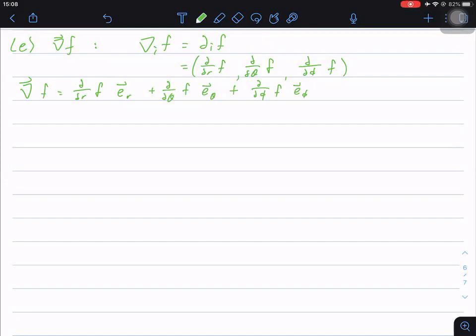It seems like we are missing something in these expressions, because if you look it up on Wikipedia, you can find that the gradient of a scalar function in spherical coordinates is something like this.